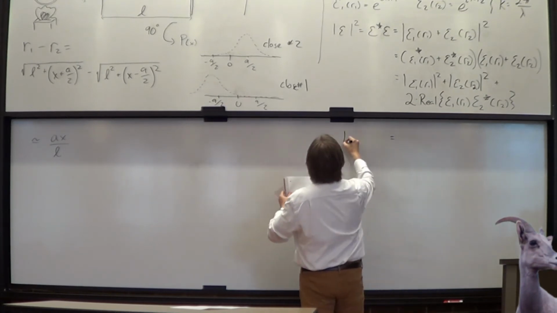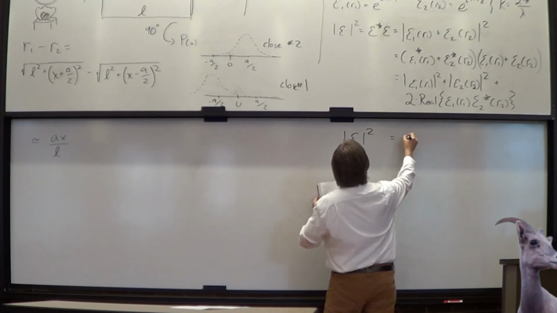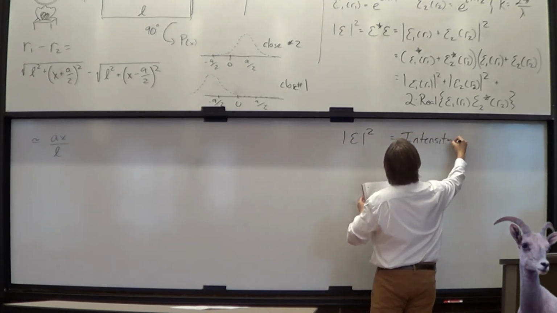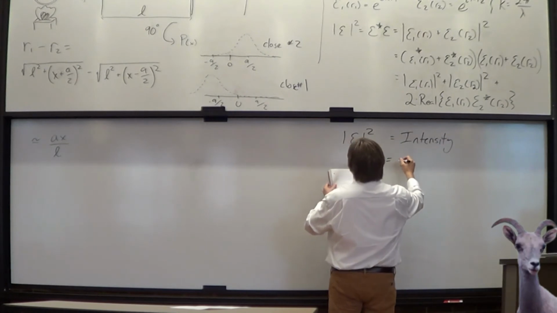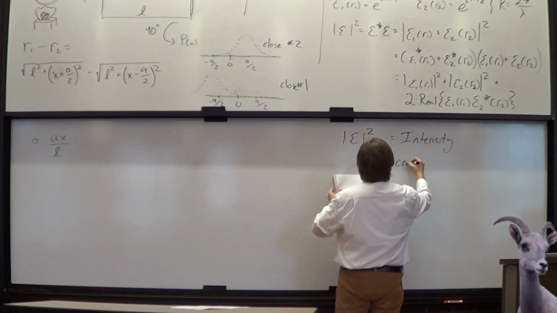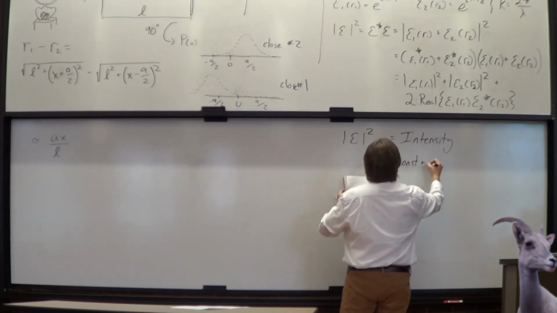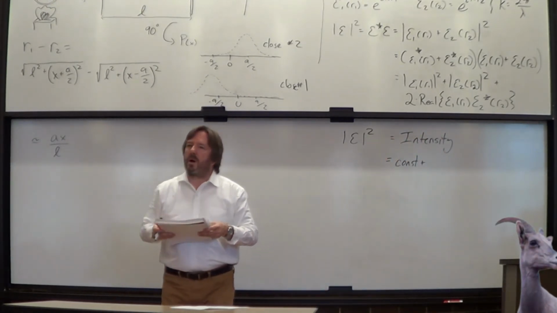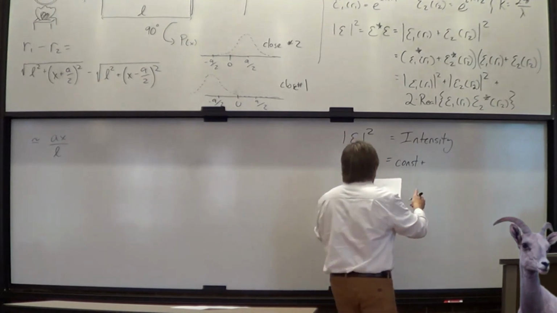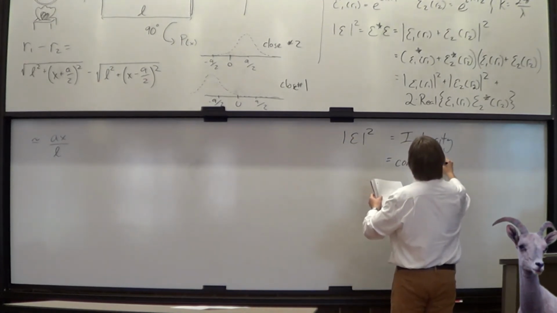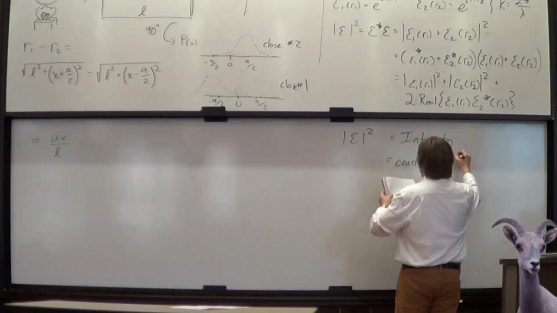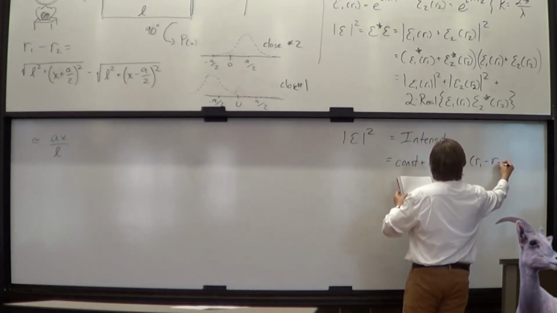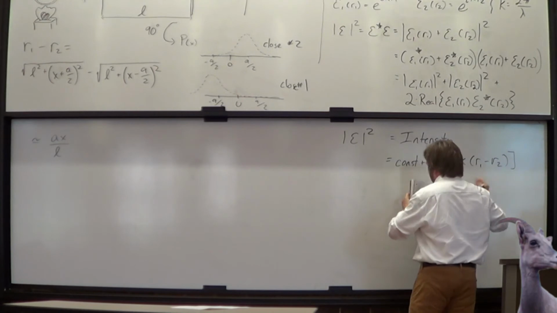If you say that epsilon squared is the intensity, what you get is a constant plus, when you have the real part of two complex functions, a cosine. Sorry, I forgot to write this down.